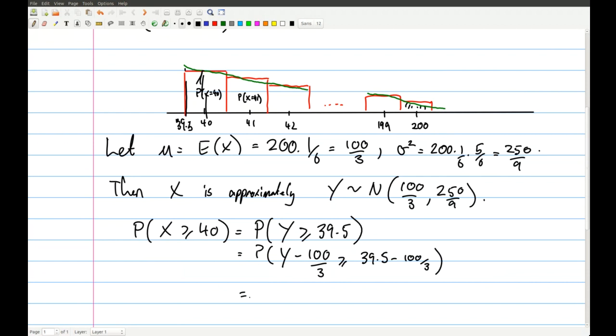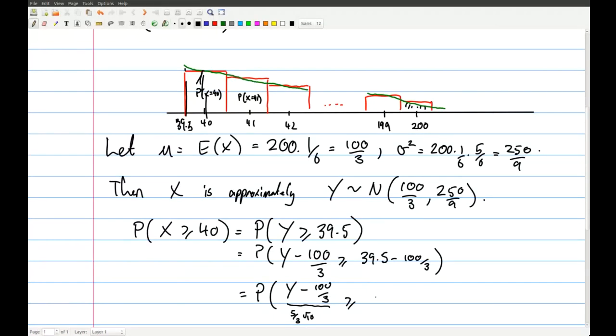And so that centers it back, so its expected value is 0, and then we need to reshape it because it's too flat. We do that by normalizing and dividing by the square root of the variance, which is 5 on 3 root 10.